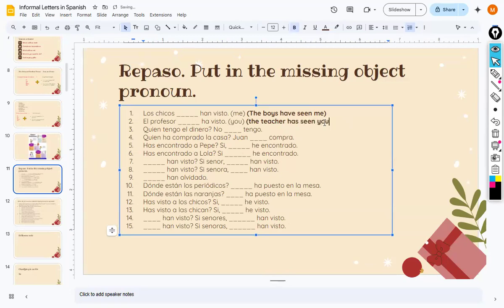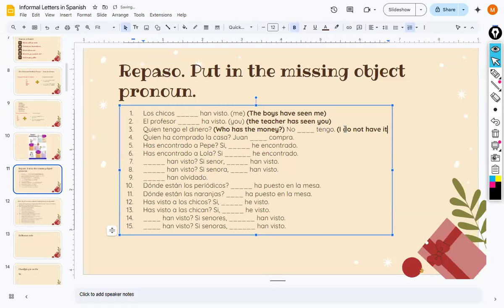So what would go in the blank? ¿Quién tiene el dinero? Who has the money? I do not have it.